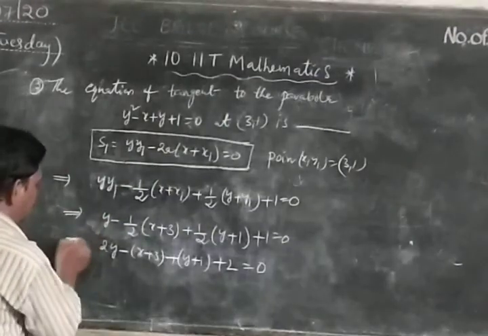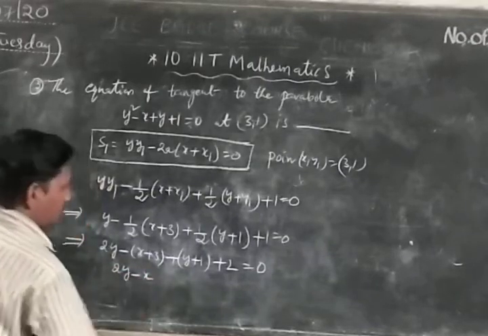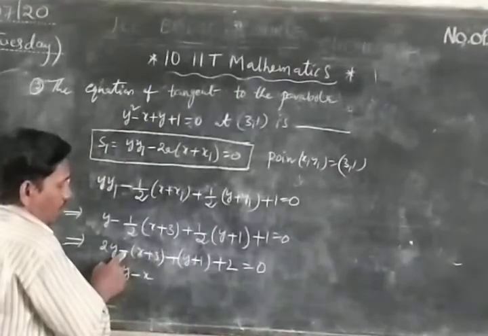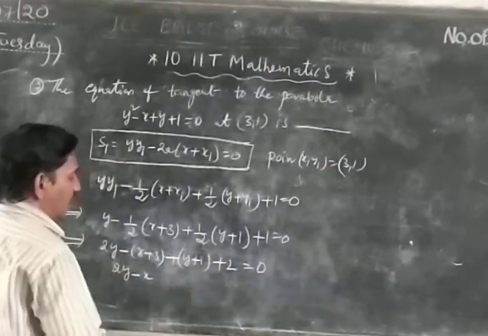Okay. Now 2y minus x minus 3. Here minus 3 plus 3, both are cancelled.